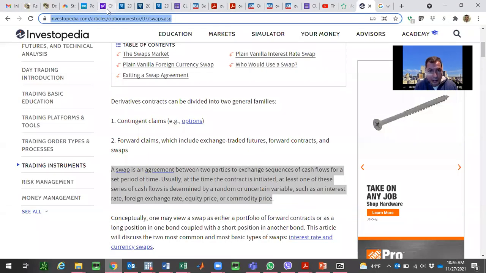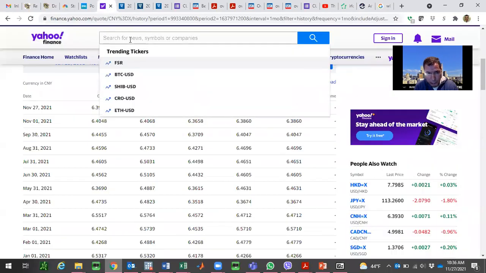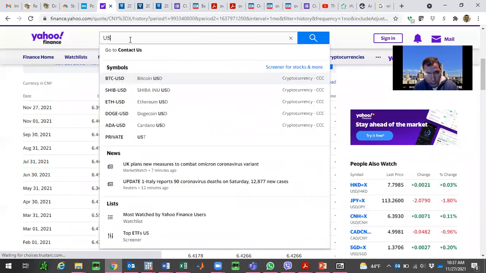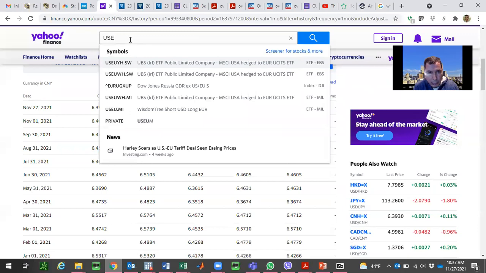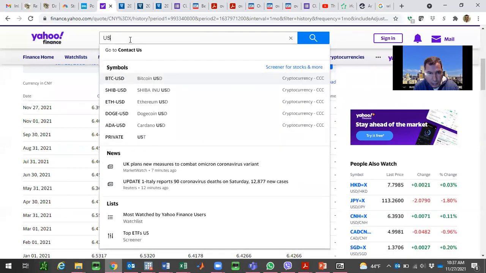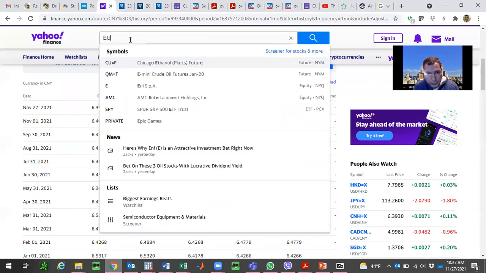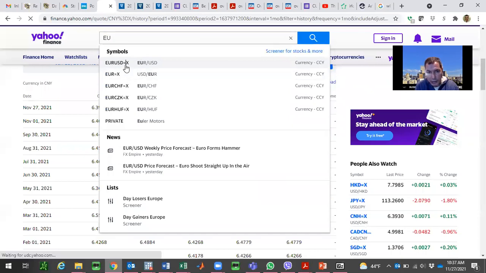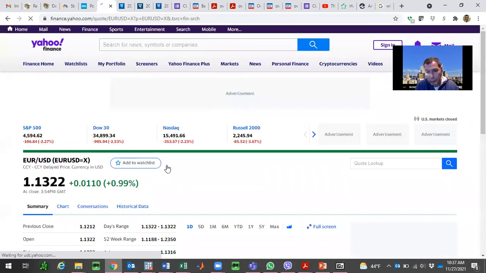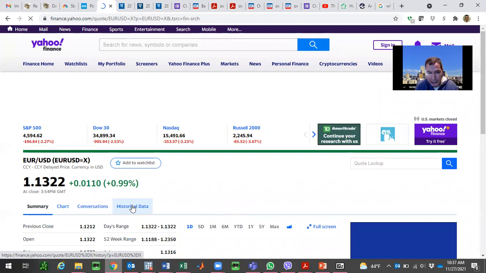Use any different currency, I don't care. US dollar. Here is US American dollar, or if you want a Japanese, depends what company you're analyzing here, historical data.